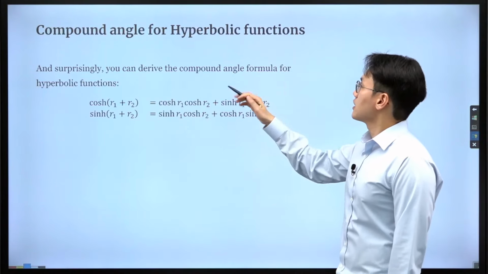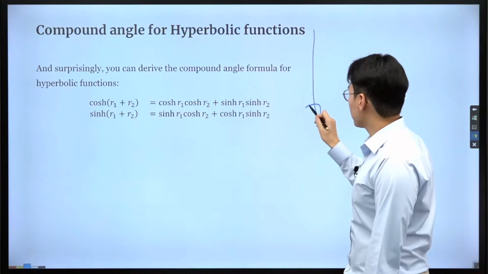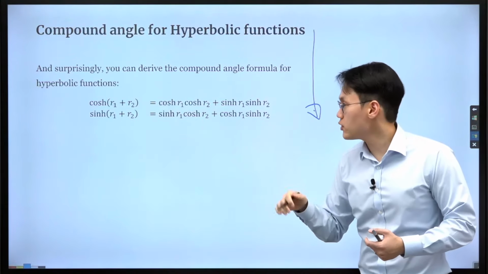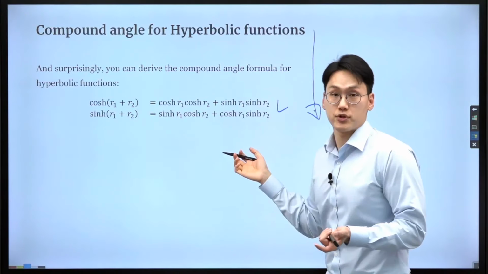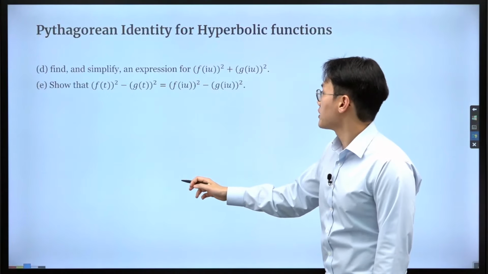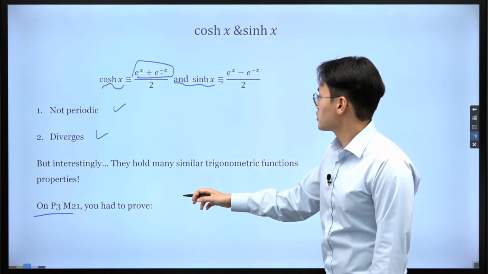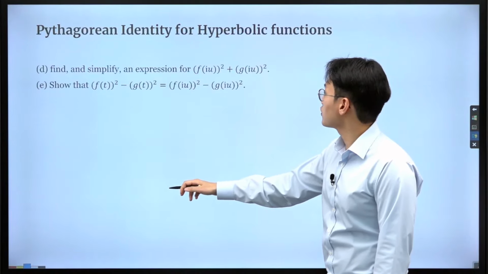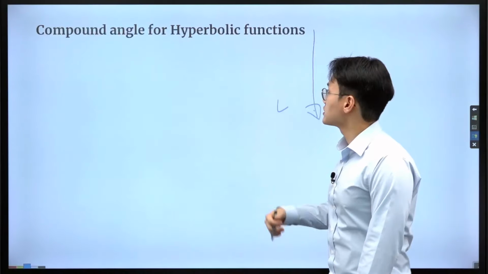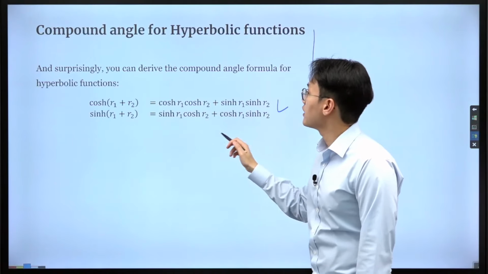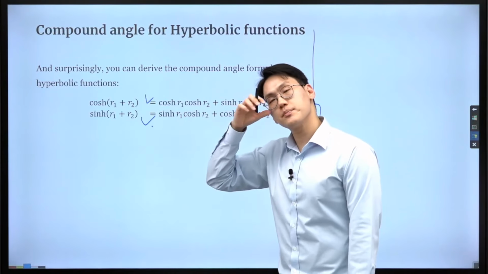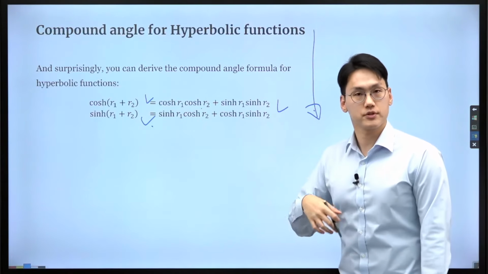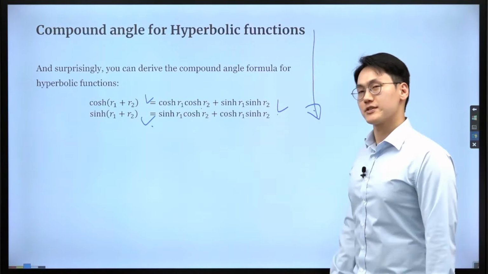The reason I'm saying it can be relevant to the trigonometric function, even though it does not contain any periodic behavior, is that it contains many properties, such as a Pythagorean identity. In that paper 3, you had to show the Pythagorean identity, and it also has the compound angle formula. It's quite interesting, because we saw the behavior; it doesn't look like a periodic function, but it does have the periodic function's properties, such as a Pythagorean identity as well as a compound angle.